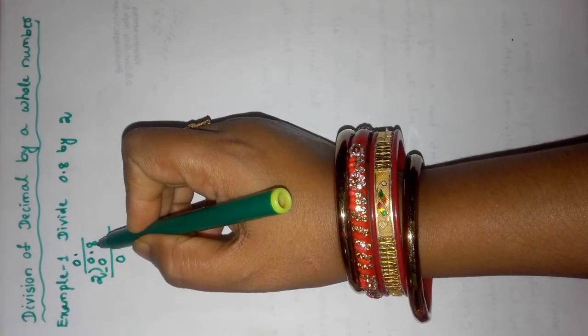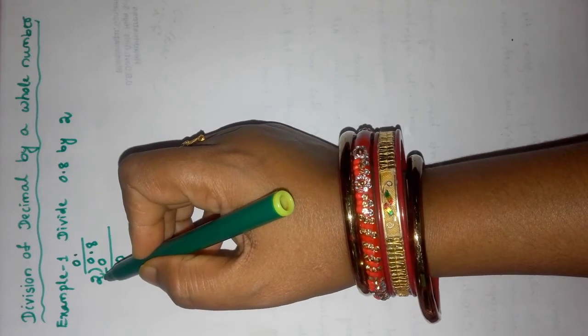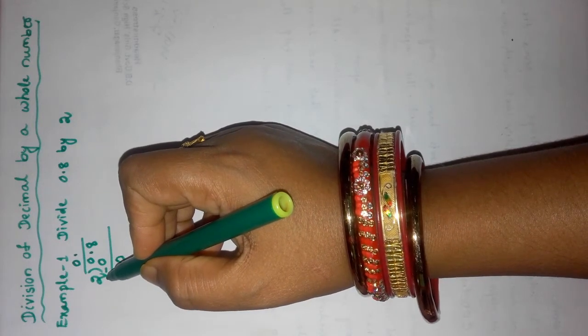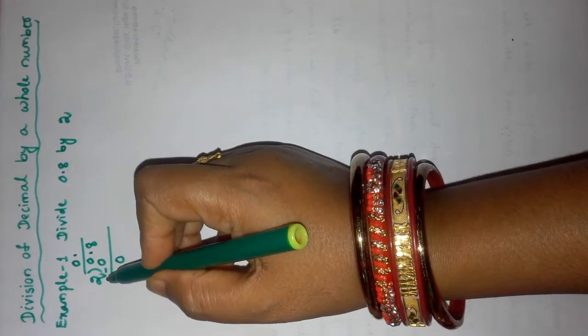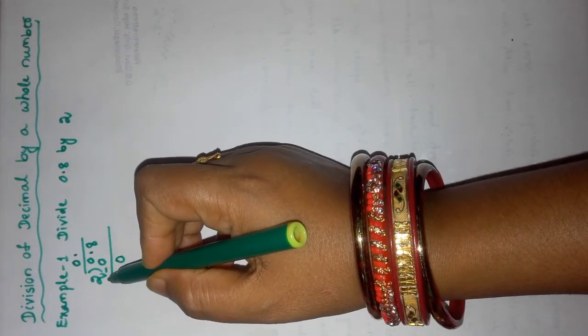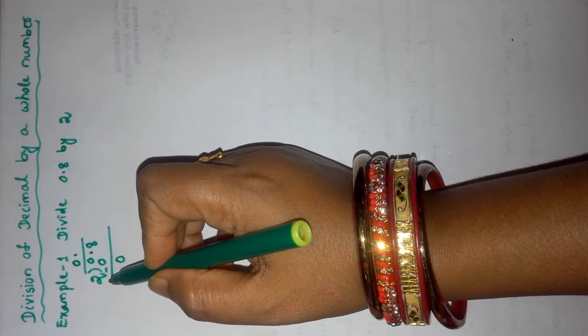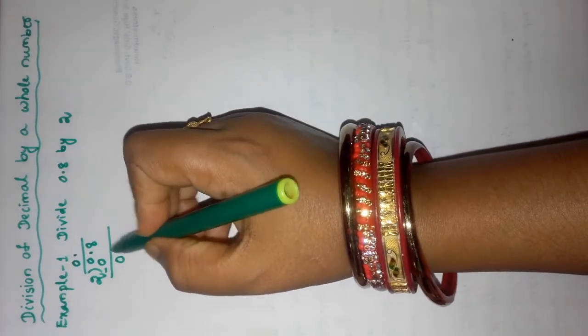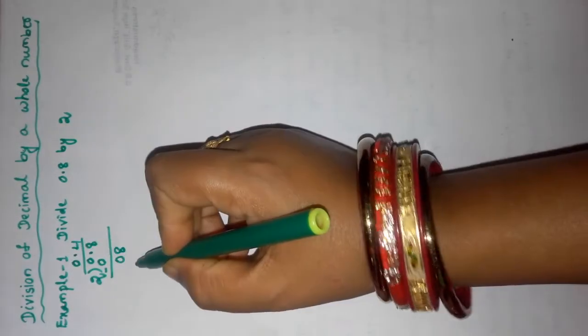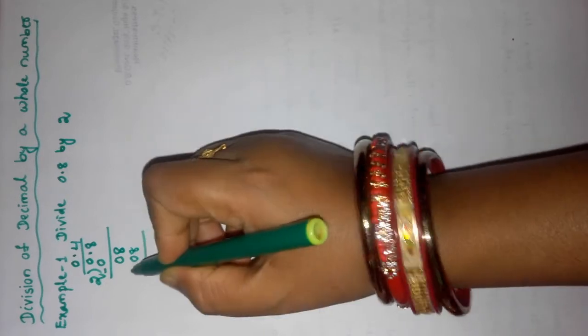Then divide 8 by 2. We have to see how many times 2 goes in 8. In 8, 2 goes 4 times because 2 4s are 8. First bring down 8 here. Then 2 4s are 8. Then subtract.